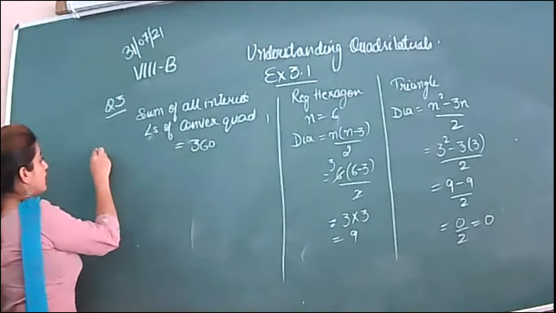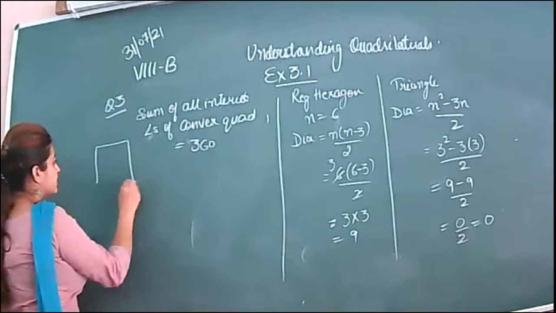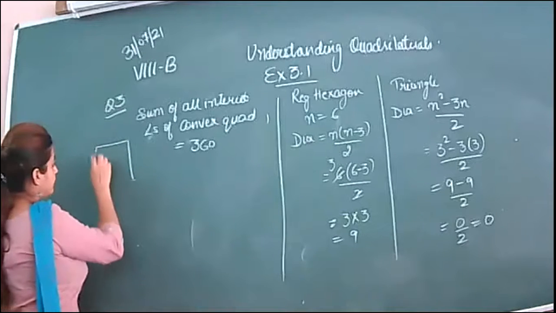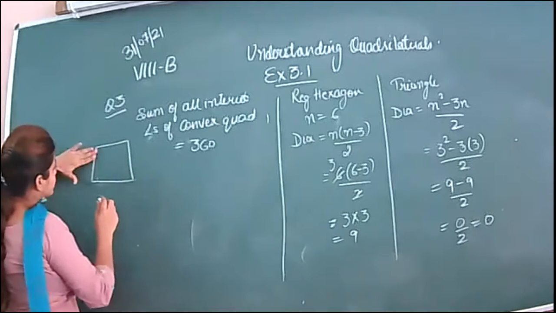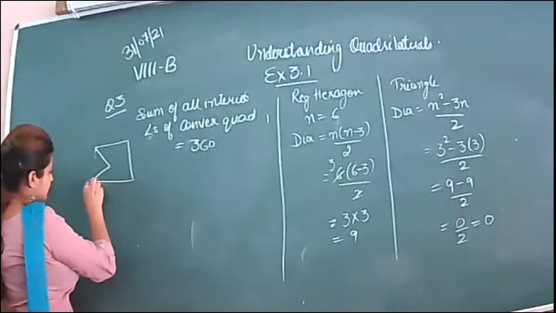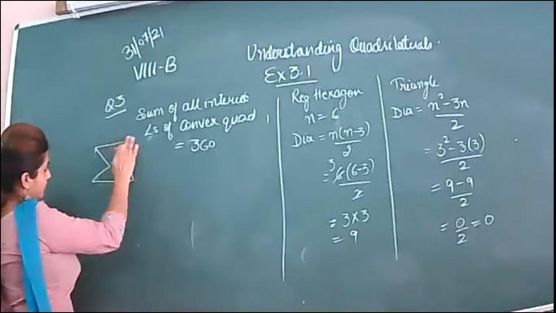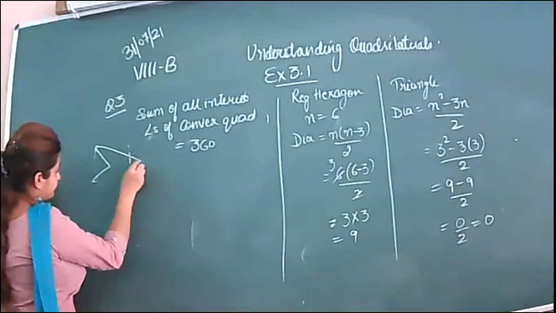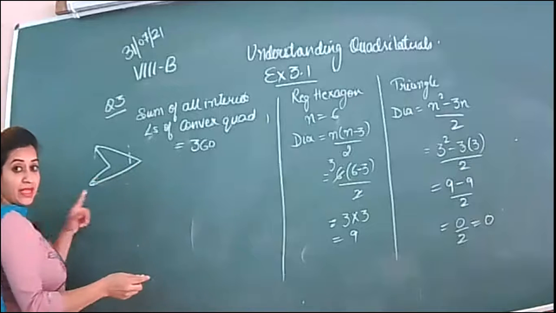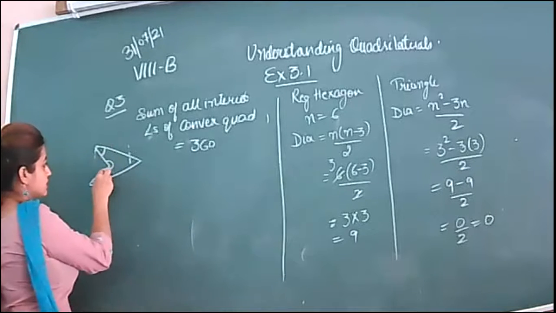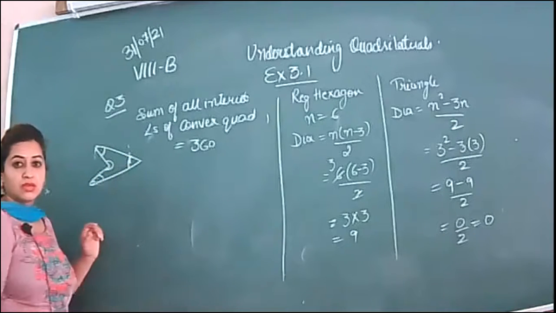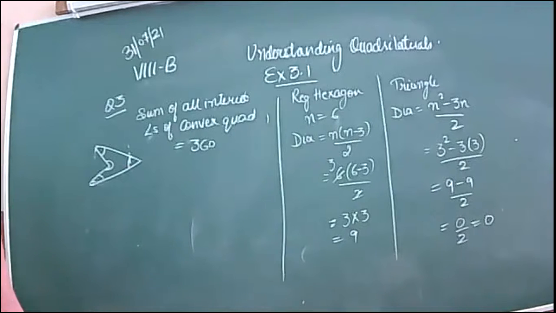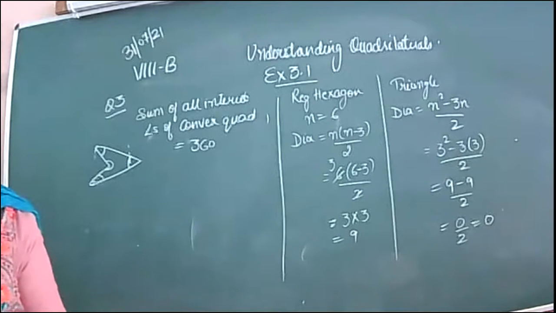If you convert this convex quadrilateral like this, if you shift this side like this, it still has 4 angles, but it is not convex, it is concave.